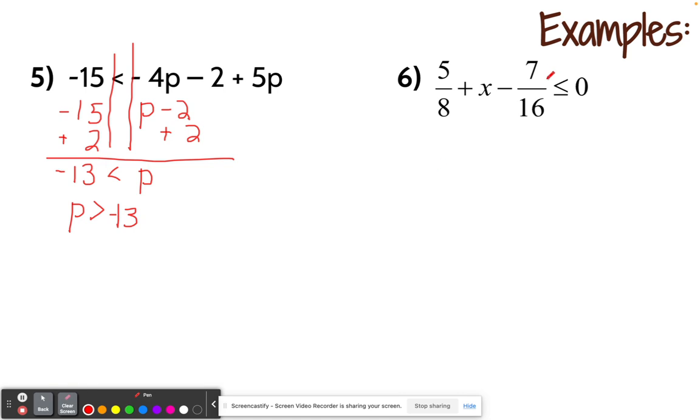Next example, still one step, but we have to combine some like terms again. And they're not fun like terms. I have 5/8 plus x minus 7/16. Let's rewrite this with the common denominator of 16 by multiplying both the numerator and denominator by 2. Now I have 10/16 and a negative 7/16. So that leaves me with 3/16 plus x.